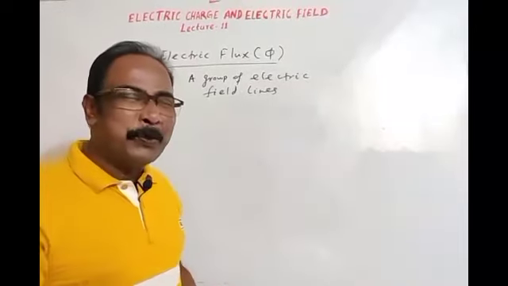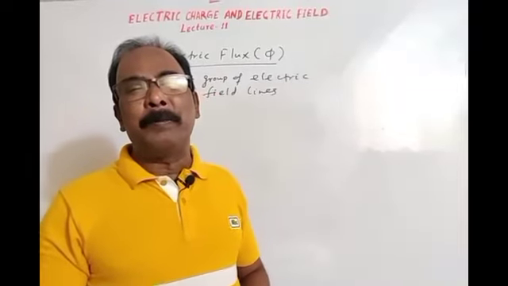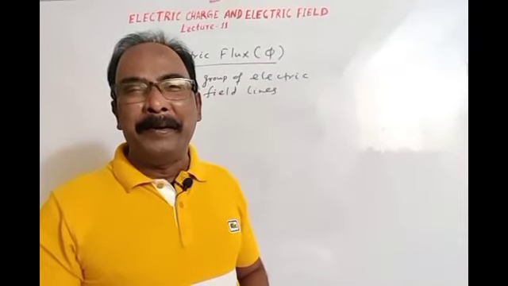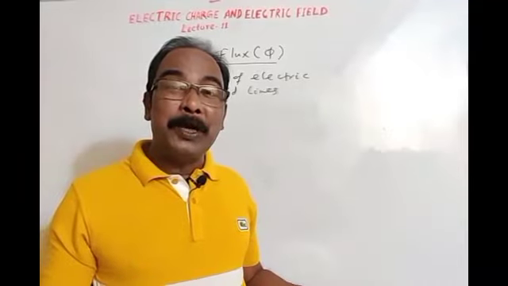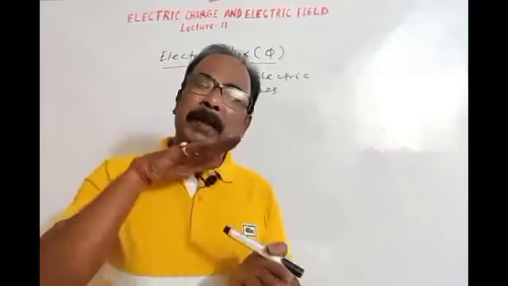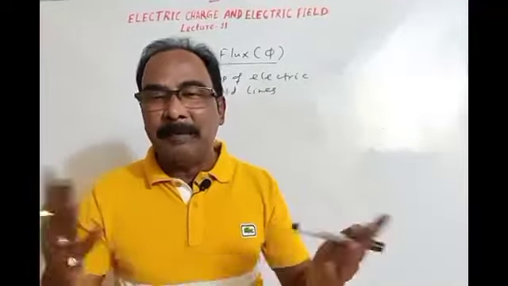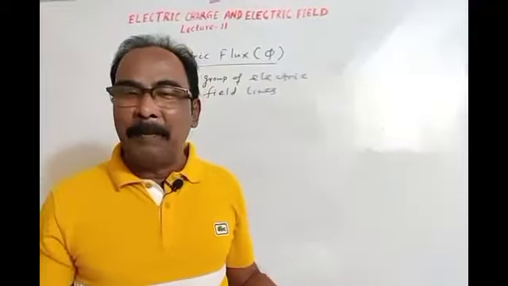So sometimes a question is asked, what is the optical analogue of a light beam? The optical analogue of a light beam is electric flux. A light beam may be parallel, divergent or convergent. Similarly, electric field lines may be parallel, convergent or divergent.